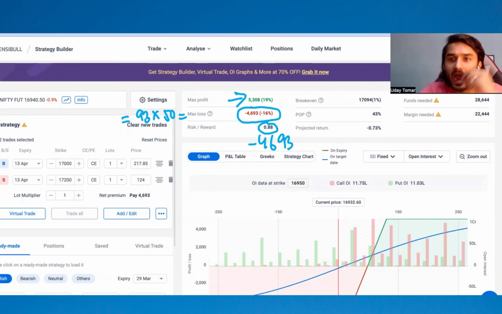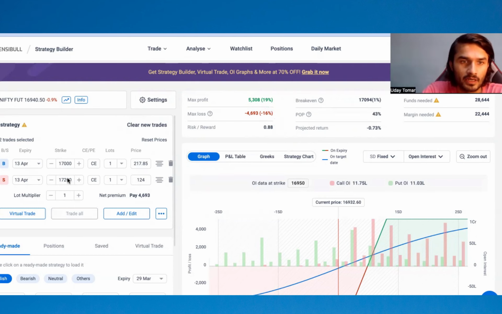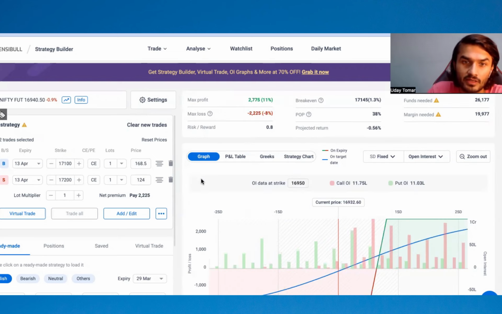When you are choosing at the money options, your risk to reward won't be that good. But let's see what will happen. Right now, on the first strategy, when we are taking the at the money buy option, your break even is 17,094. Now let's take an out of the money option and make a strategy with that.